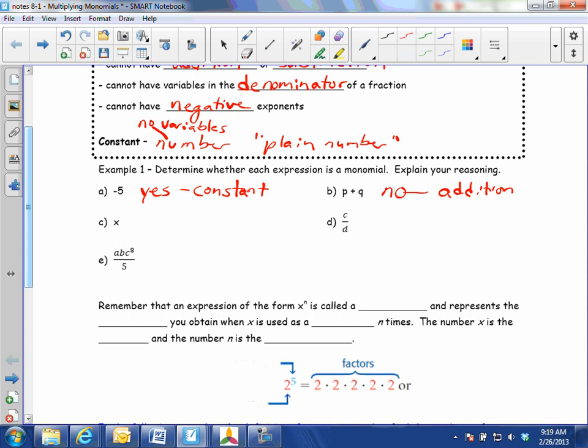So it's not a monomial, which means one. Okay, how about this one? Yes, why? It's just a variable. Alright, how about D? No. Why not? Can't have variables in the denominator.